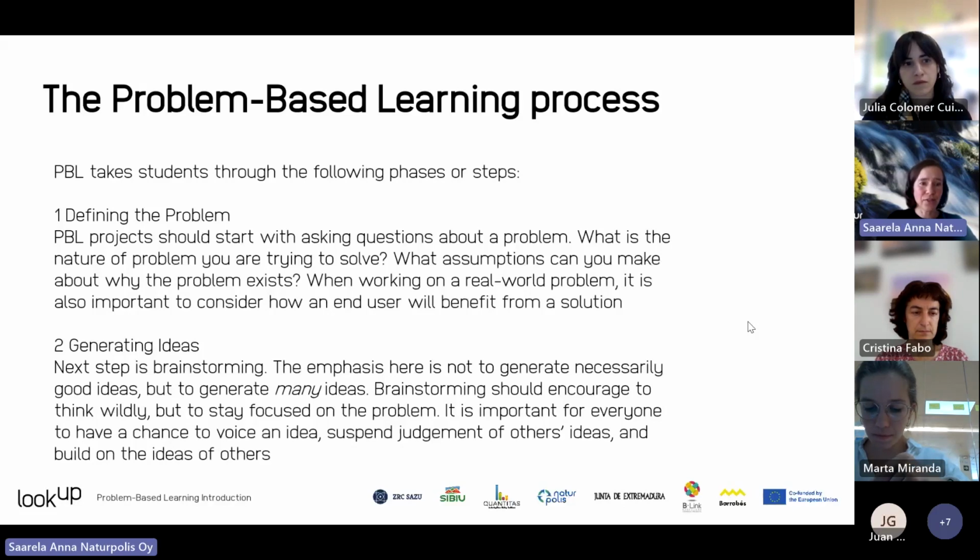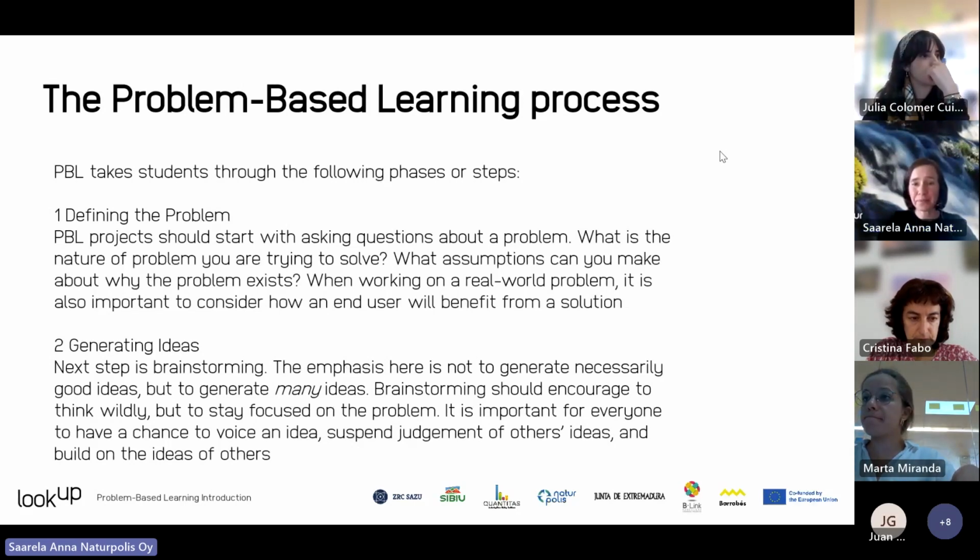Next step is generating ideas, which is actually brainstorming. And the emphasis here is not to generate good ideas. You might have some great ideas already, but the emphasis here is to generate many ideas. The more, the better. So the brainstorming part should encourage you to think wildly, but also to stay focused on the problem.